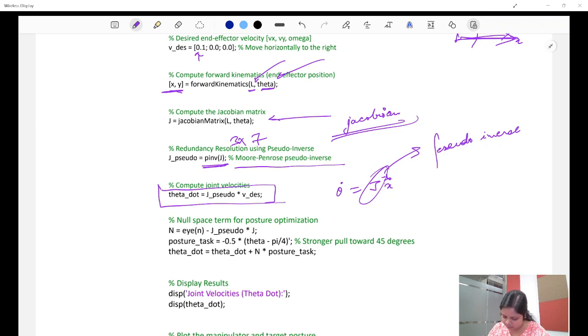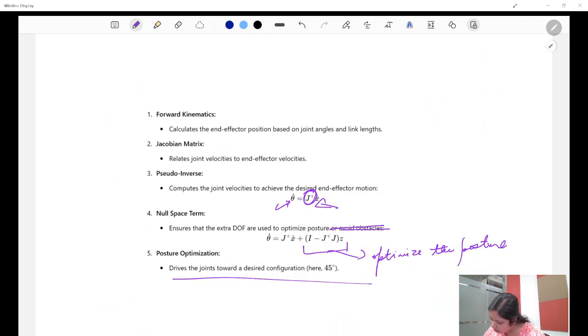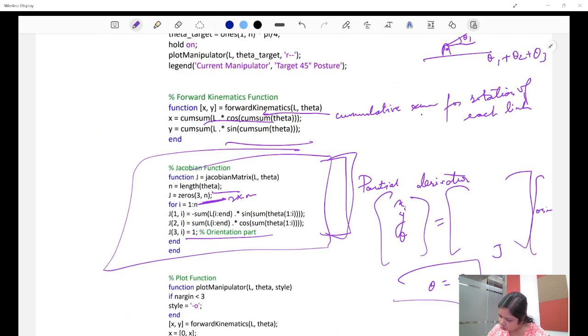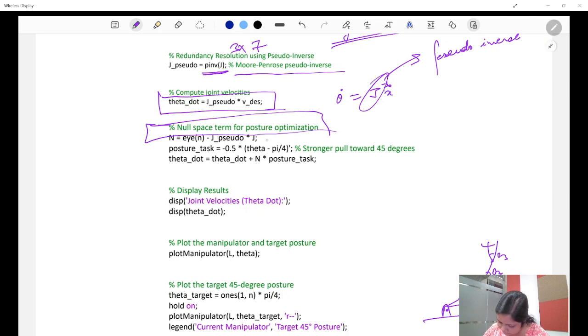After this, we want to have a null space term for posture optimization. You already saw what null space is, right? This part is my null space part that we want to have for posture optimization.